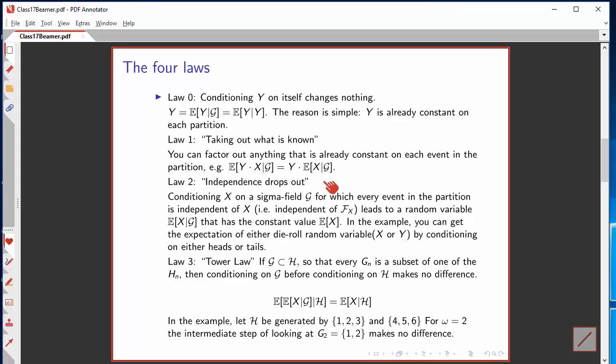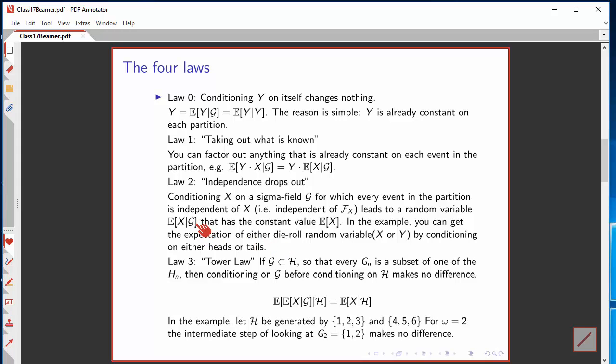Law number 2 is generally stated as independence drops out. And what it says is if you condition on a sigma field where every event in the partition is independent of X, that is, independent of anything in the sigma field generated by X, you get a new random variable that has the constant value, the expectation of X. In our example, we can do this by conditioning on the event the coin comes up heads or the coin comes up tails.